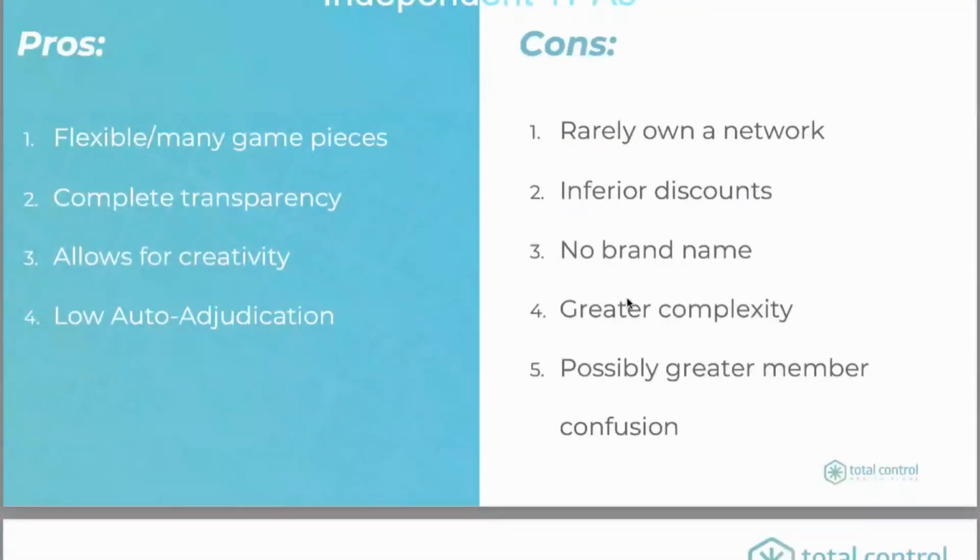And then that also means that we're going to have greater member confusion. If we hand them a carrier card, it's pretty straightforward. They know how to use it. They've used it before, and there you go. But if we hand them an ID card that's fully custom with lots of logos and names they don't recognize, that can confuse the member, and it's going to take more work on everybody's part to make sure that they value the plan and we're getting the outcome we're looking for from it.